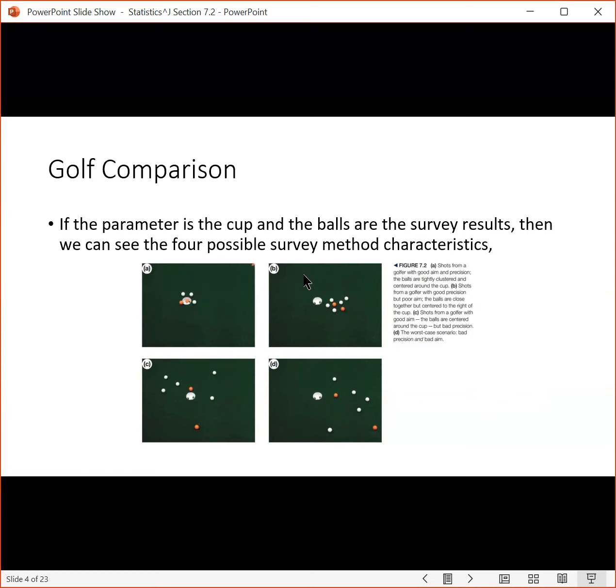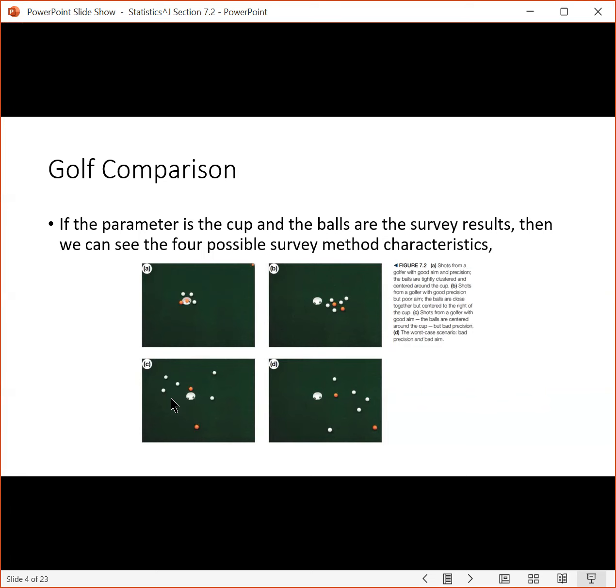In the second case, we have a golfer who is not accurate, but is precise. So they're not accurate in that their shots are not clustered around the cup. However, the shots are in close proximity to each other, so they are precise. In the third case, we have a golfer who is accurate, but not precise.